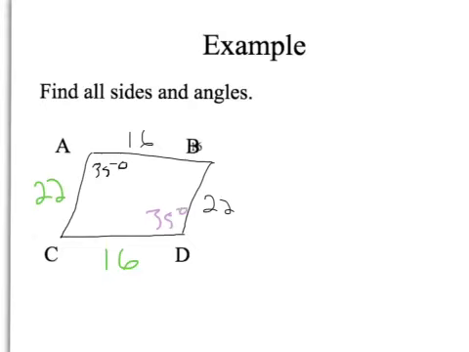Then I have two more angles I need to get, and they're going to be the same degree because they're opposite of each other. To get that, I have same side interior angles, or consecutive angles, that add up to be 180 degrees. So I'd want to do 180 minus 35, which is equal to 145 degrees. So if angle C is 145, that means angle B also has to be 145.